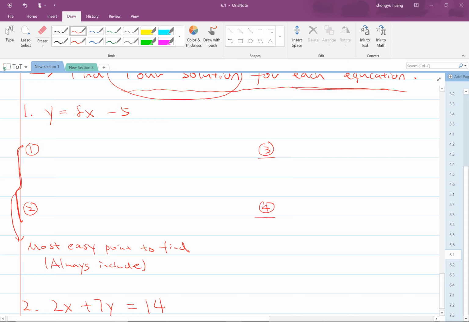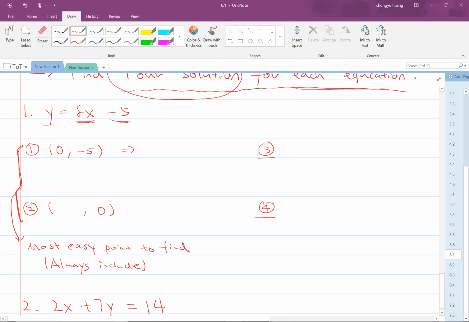The easiest point is basically letting x equal to 0. If you plug in x equal to 0, the only thing left is -5, so y is -5. That's why it's really easy, because you can see it while you plug in.